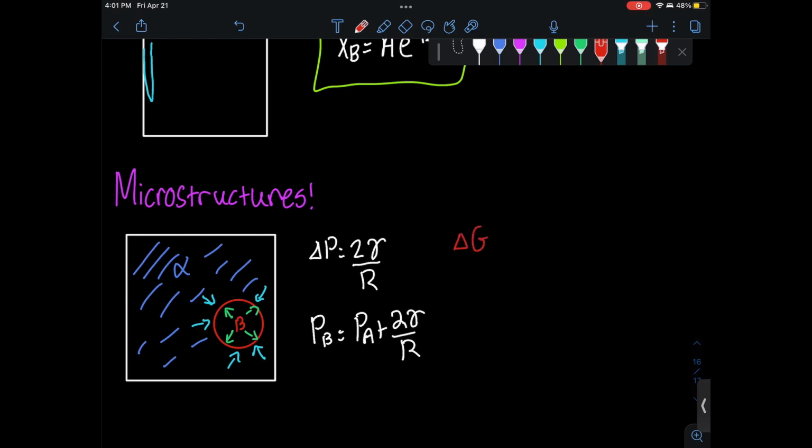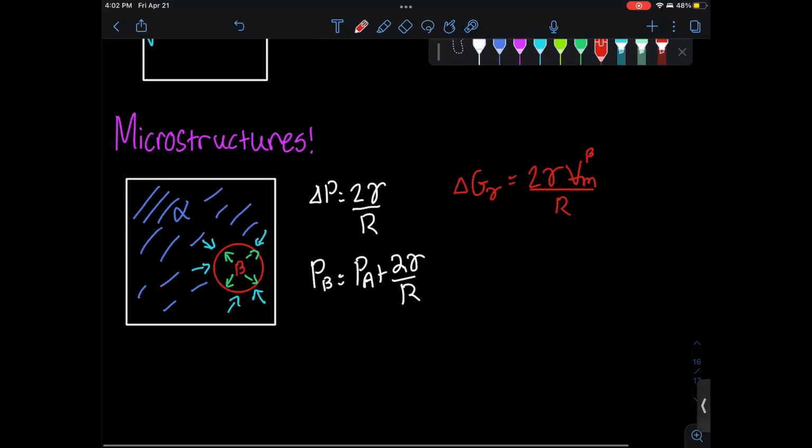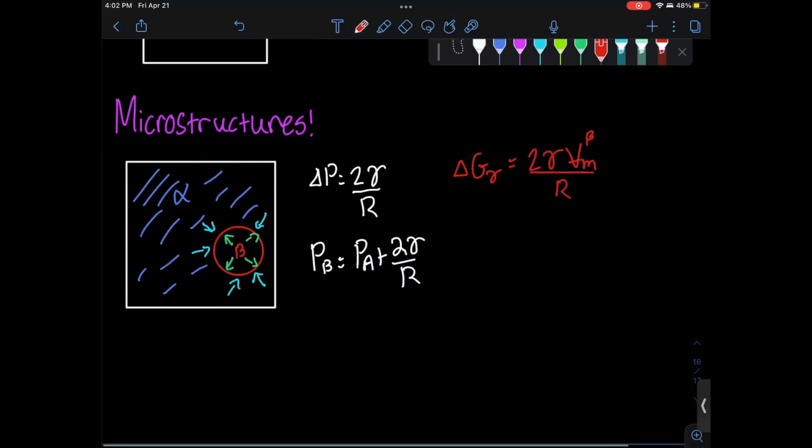Now, this equation called the Gibbs-Thomson relates the increase of Gibbs free energy. The Gibbs free energy is equal to 2 times gamma times the molar volume of mixing for beta divided by the radius. What this does is in a Gibbs free energy curve, it brings up the Gibbs free energy.